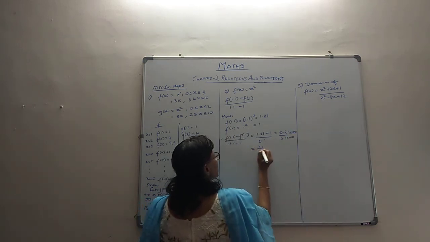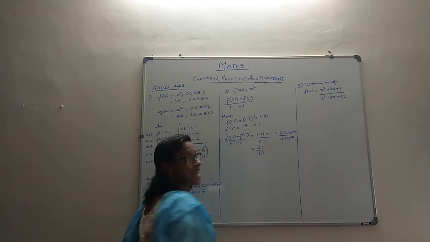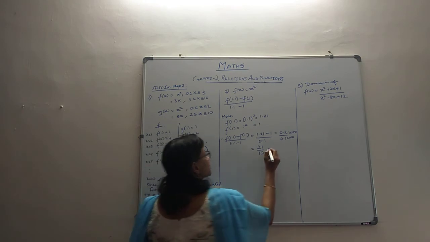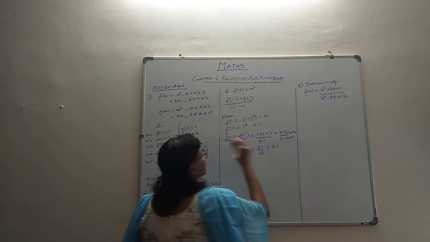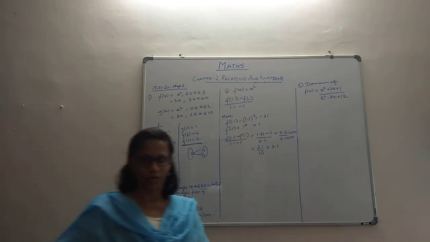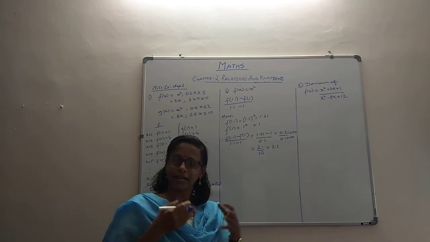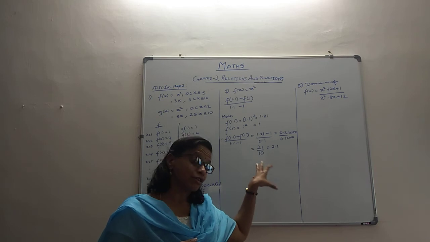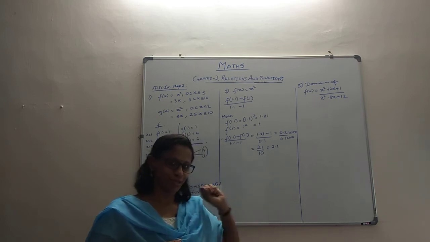So we get 21 over 10, and then we get the answer 2.1. So the value of this expression is 2.1. That is what they have asked us. Use the function's definition and get the value of the given expression, and it comes to 2.1.